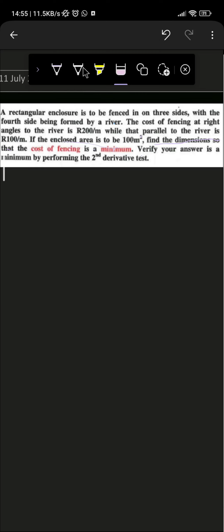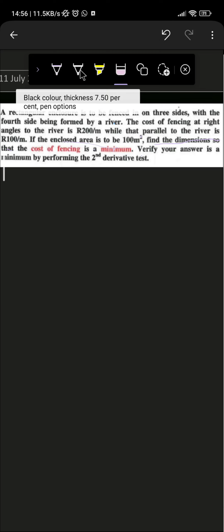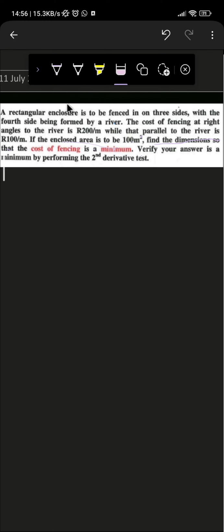Alright, today we'll be doing an optimization example. Let us look at the question. A rectangular enclosure is to be fenced in on three sides, with the fourth side being formed by a river. The cost of fencing at right angles to the river is 200 rand per meter, while that parallel to the river is 100 rand per meter.